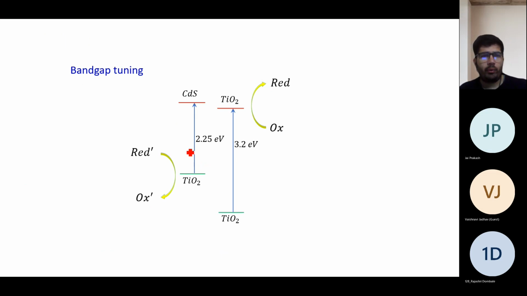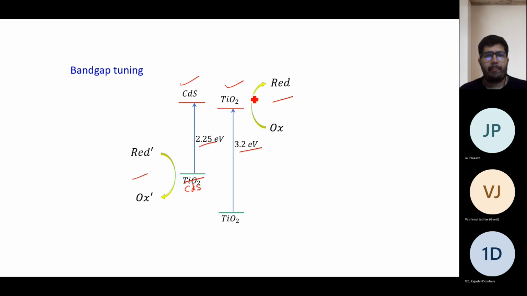For the meaning of band gap tuning, you can see here, this is a typo, this is CdS. As we have earlier covered with the PN junction, similarly we can develop a material having these values. One side has CdS and the other side has titanium oxide, with 2.25 electron volts and 3.2 electron volts. Oxidation is happening on the titanium oxide side and reduction on the CdS side.